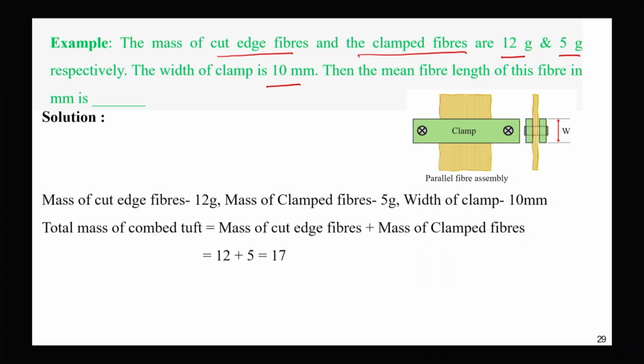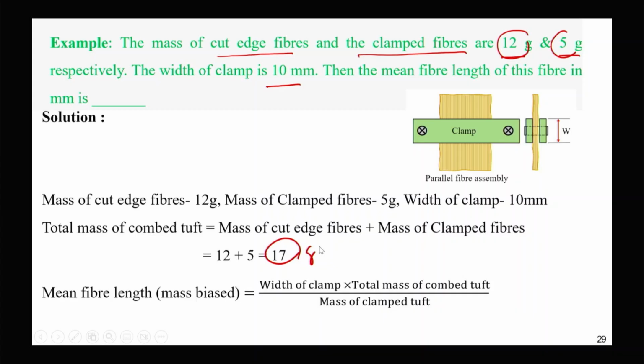So, you can see here total mass, clamped mass and edge fiber. So, total mass will be 17 gram and width is known. Width of the clamp is 10 millimeter. So, this is 10 millimeter.